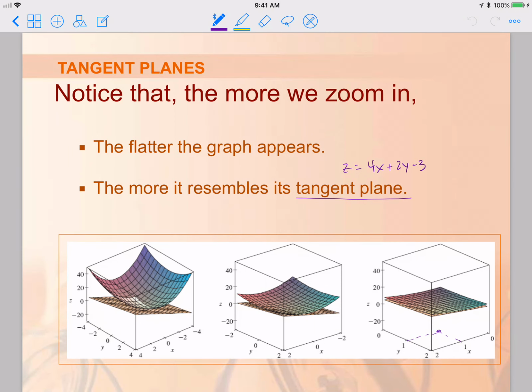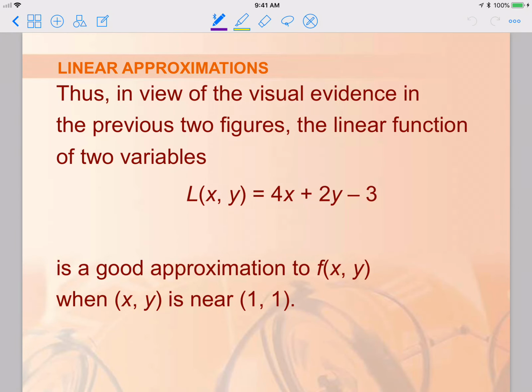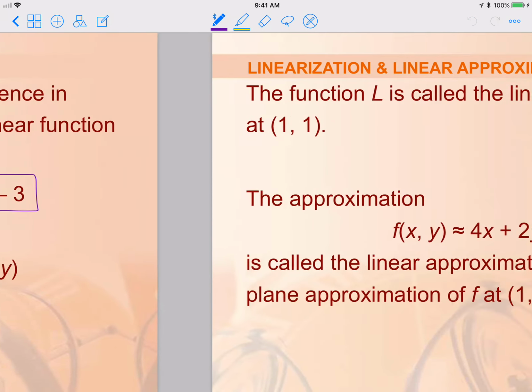That's what it means to say that the surface is getting very flat and resembling the tangent plane as we zoom in. This is called linearization. So this would be the linearization of our elliptic paraboloid, and it's a good approximation to f(x, y) when (x, y) is near (1, 1).